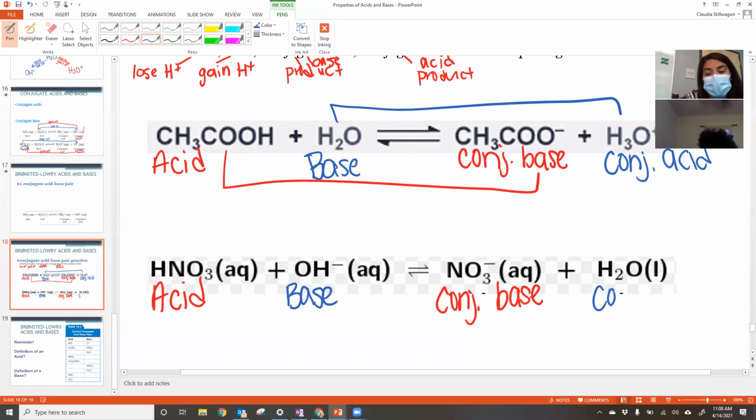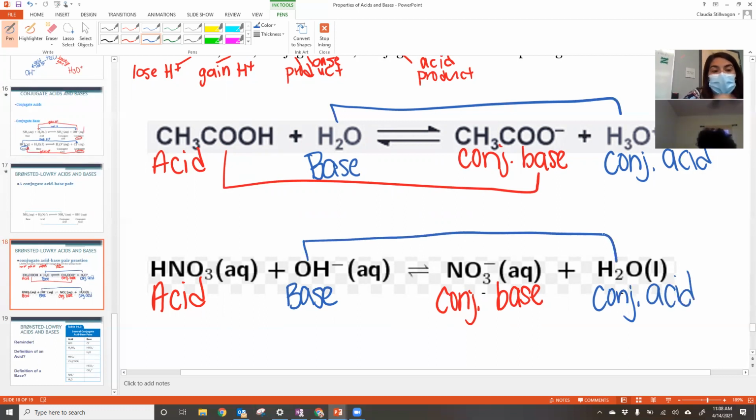So this is our conjugate acid. And then we pair it up. I listed them in the same order. Okay, so that's one thing you'll need to be able to recognize.